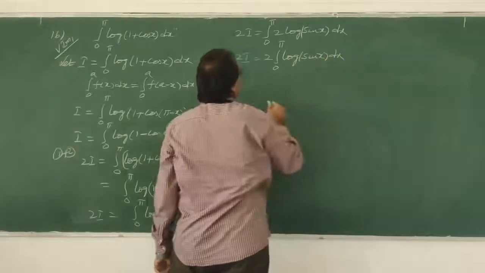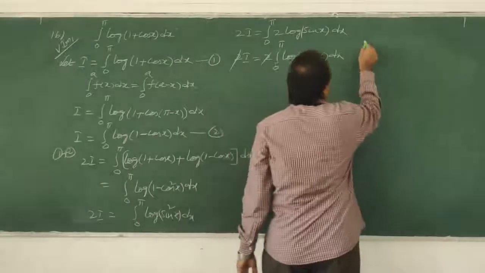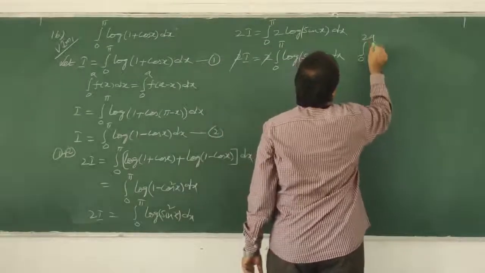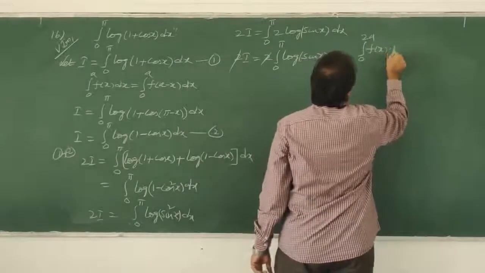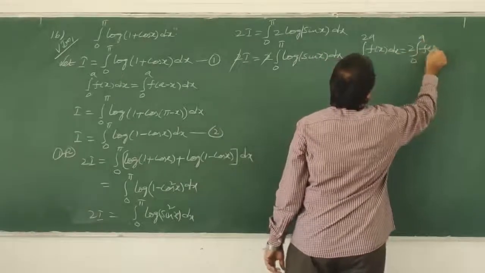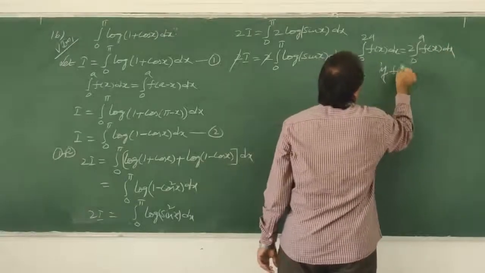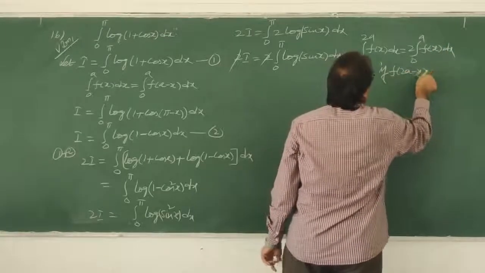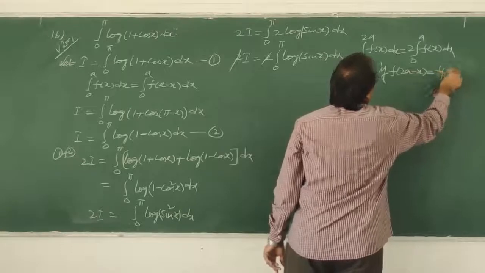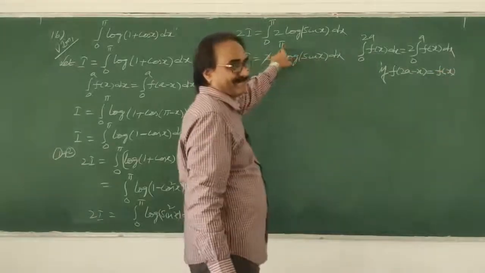Again, the property which we used previously, again we will use that. What is the property? Same, integral 0 to 2a f of x dx is equal to 2 into integral 0 to a f of x dx if f of 2a minus x is equal to f of x. Now what you understand here, f of x is log sin x, 2a is nothing but pi.